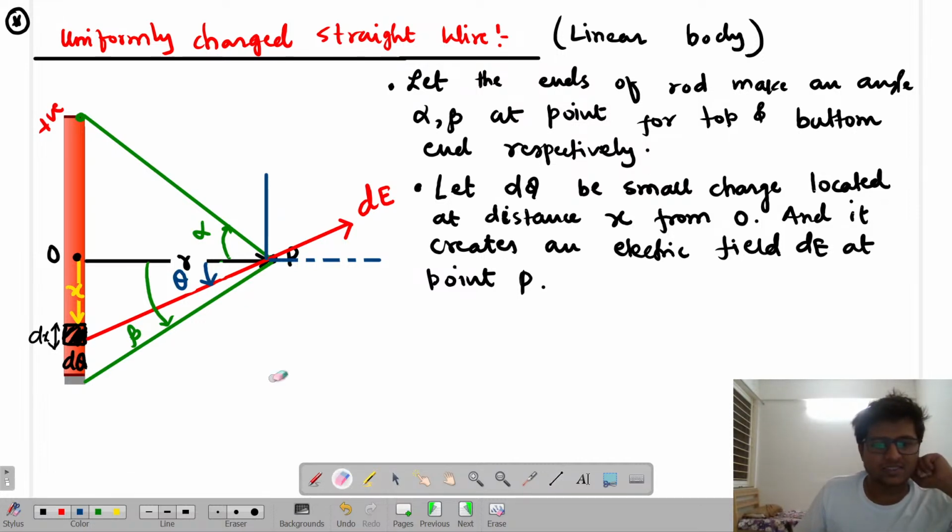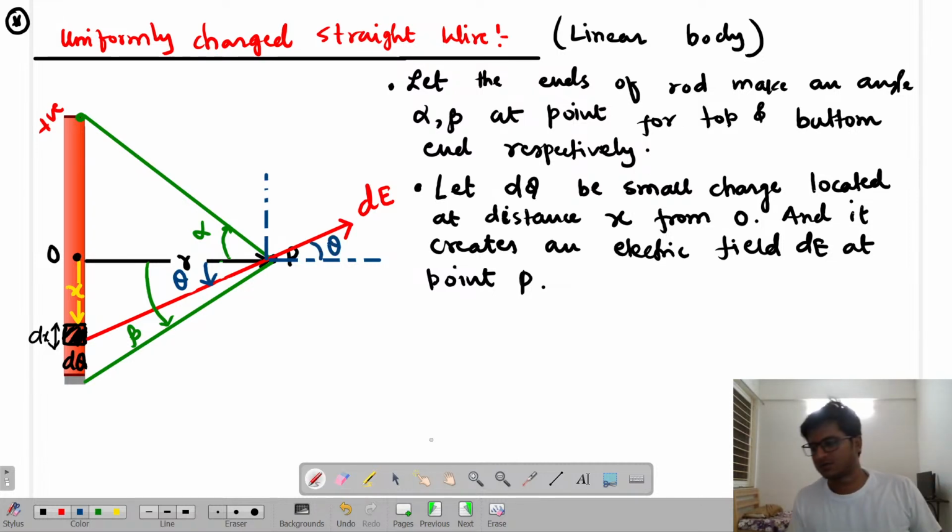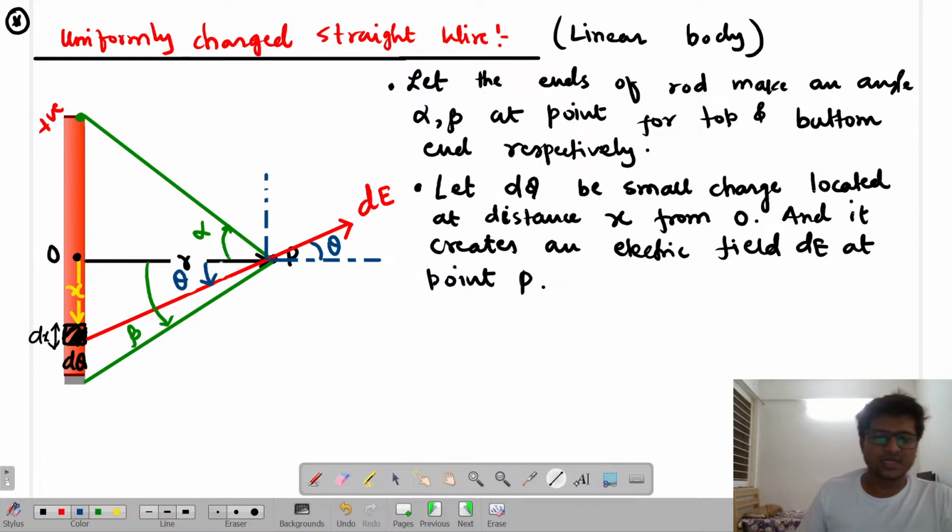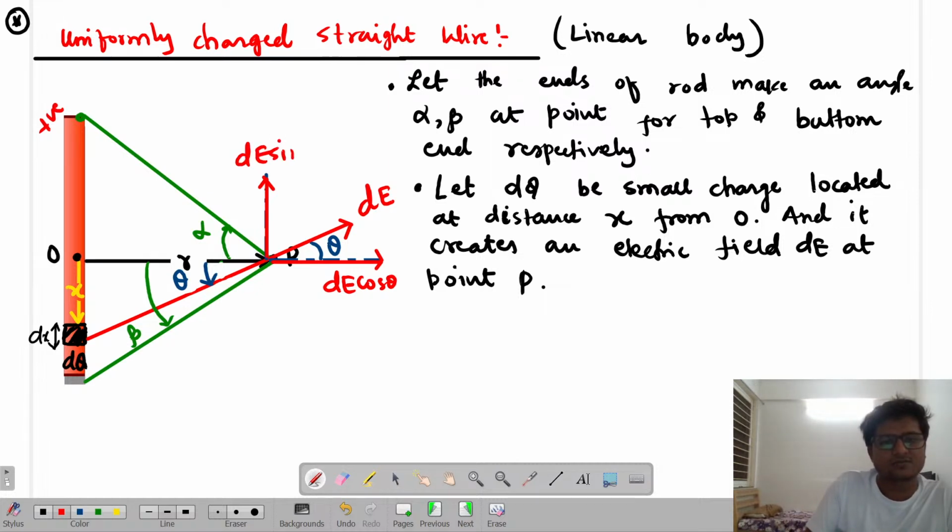If this angle is theta, then this angle is also theta. So then this dE has two components. One is along the parallel line of the rod and one along the perpendicular line of the rod. And if this angle is theta, तो भैया ये हो जाएगा तुम्हारा वैल्यू dE cos theta and dE sin theta. Are you able to get me or not?